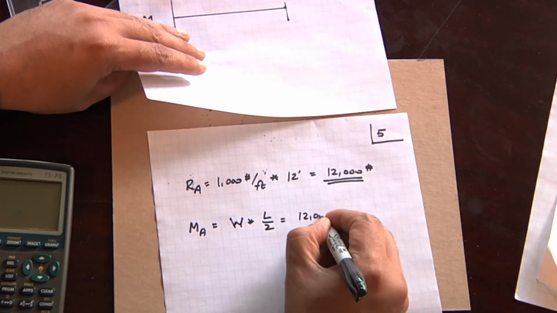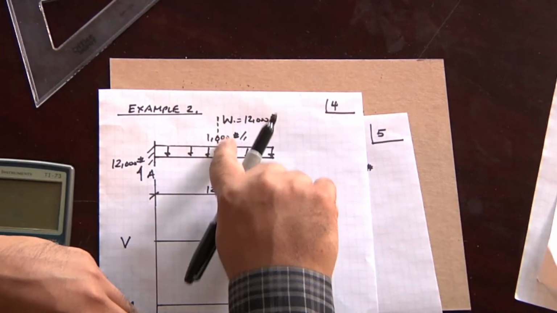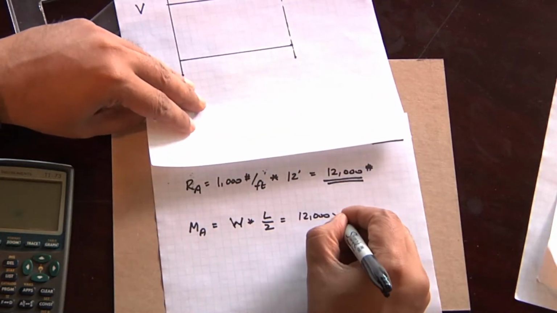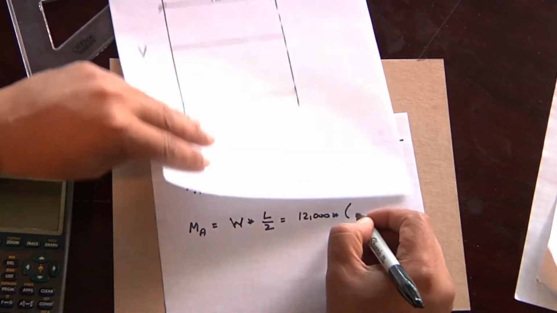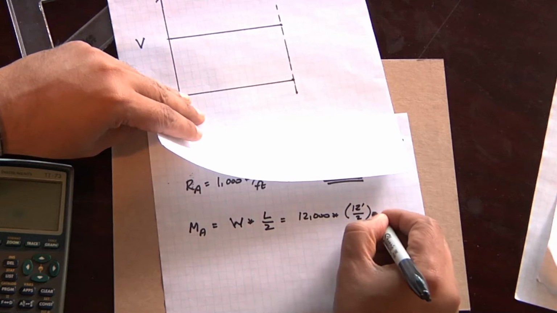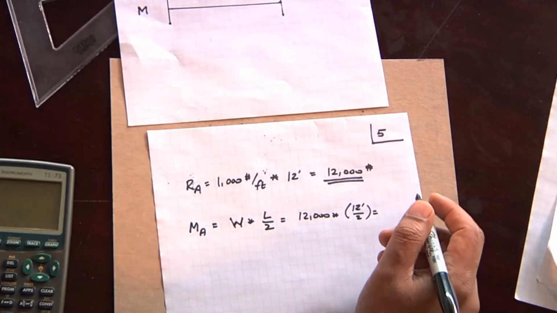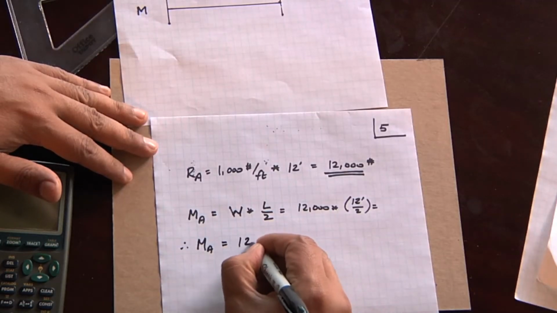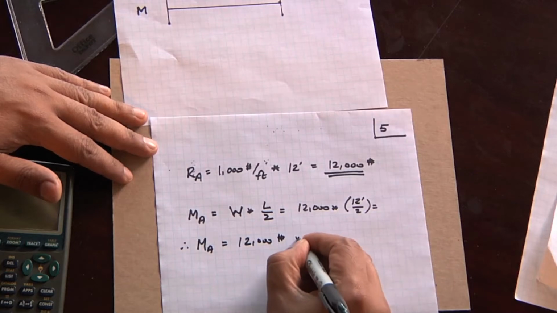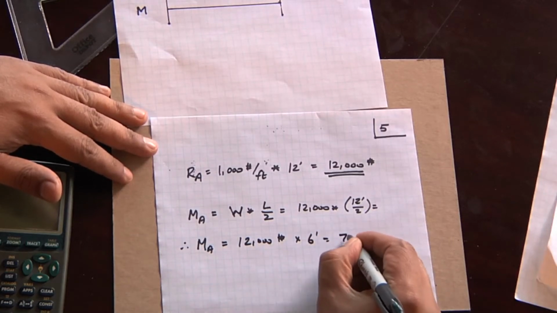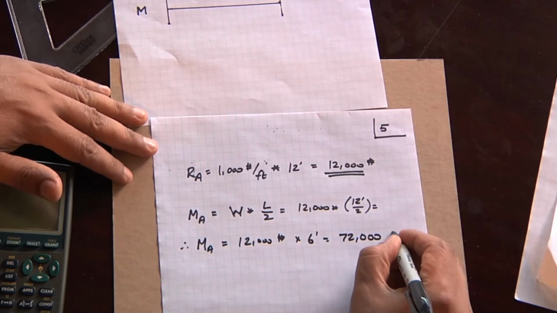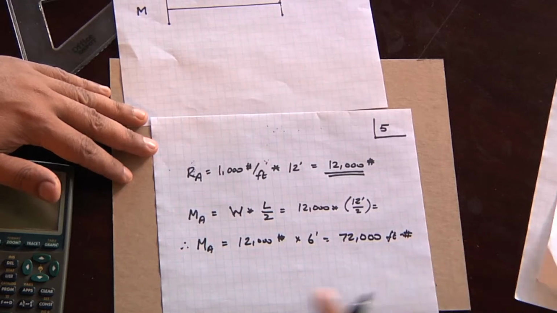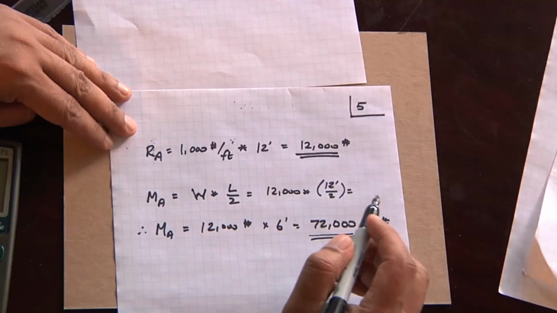So it's 12,000 pounds simulated at the center of the uniform load times half the span, which is 12 feet divided by 2, so it's 6 feet. And so this MA becomes 12,000 pounds times 6 feet, or 72,000 foot-pounds.